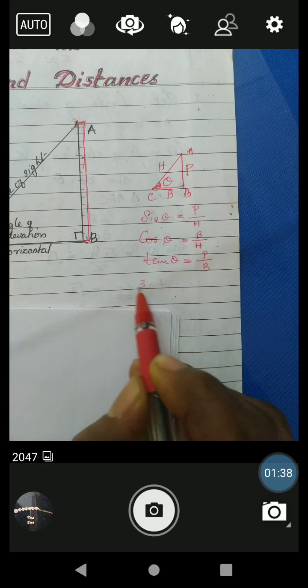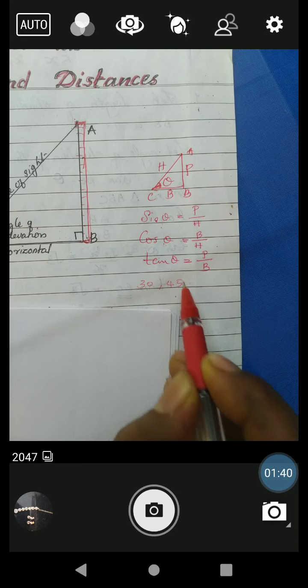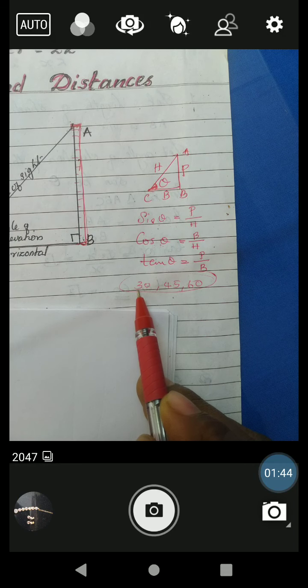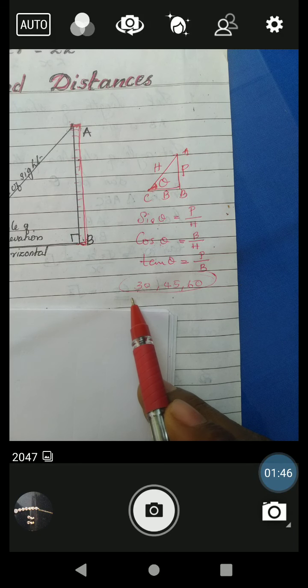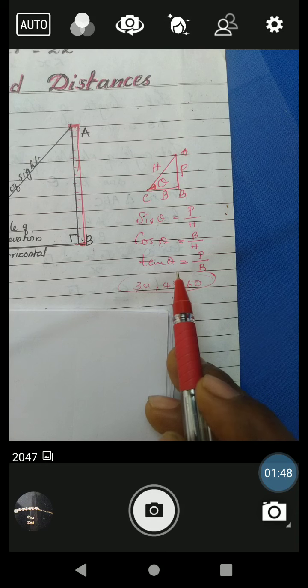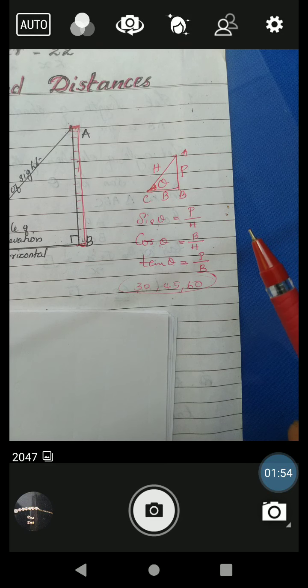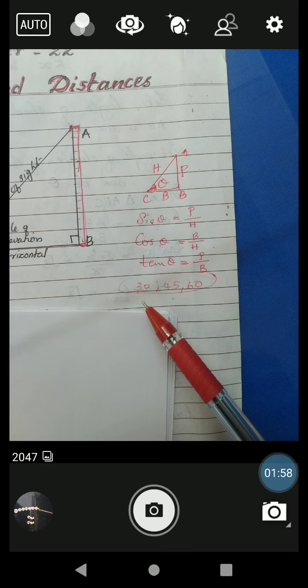Which are the standard angles? That is 30, 45, 60. Do you remember all these values? Sine 30 is 1 by 2, cos 30 is root 3 by 2, tan 30 is 1 by root 3.